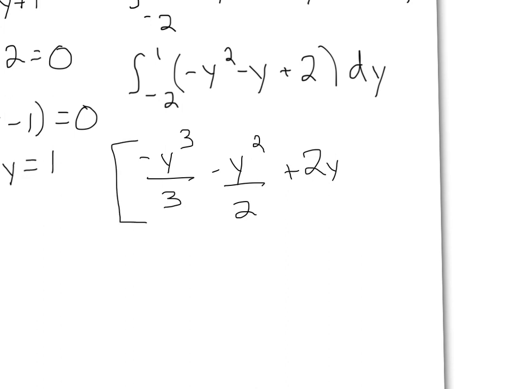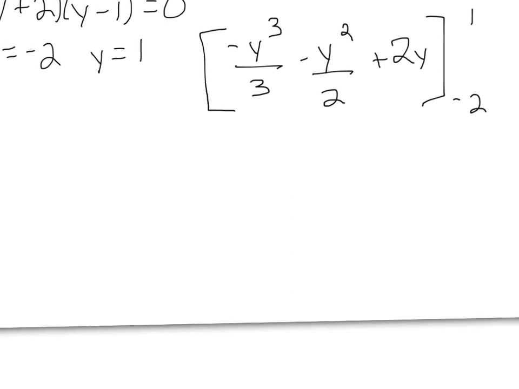And we'll evaluate this between -2 and 1. Okay, so let's give ourselves a little bit more room here, and this will give us the value of this thing at 1 will be -1/3 minus 1/2 plus 2 minus the value of this thing at -2.